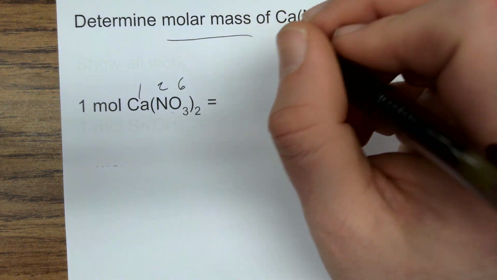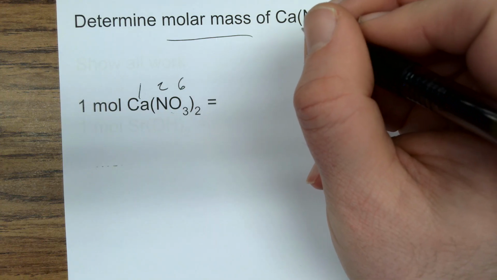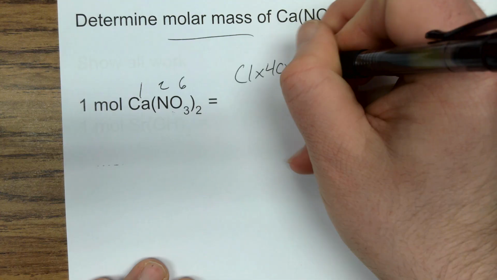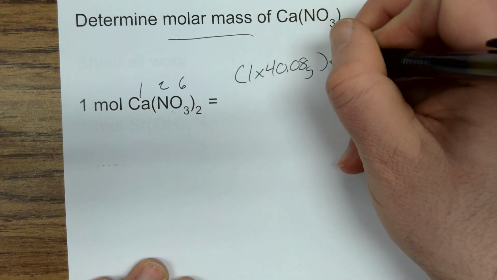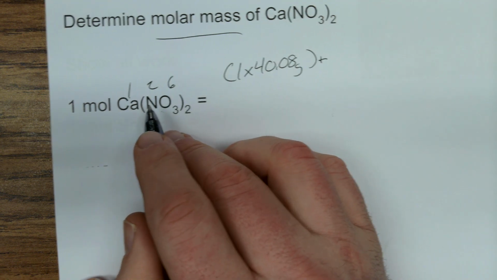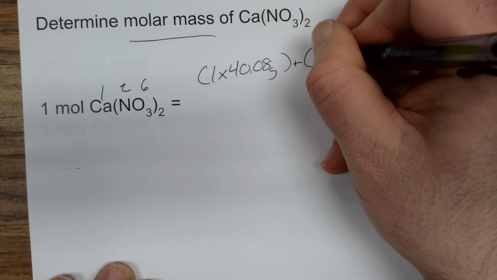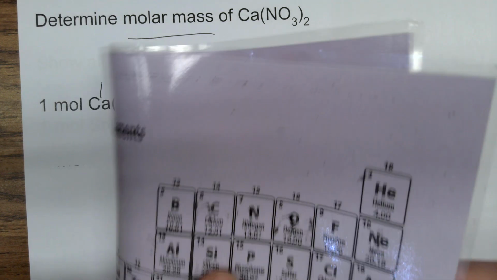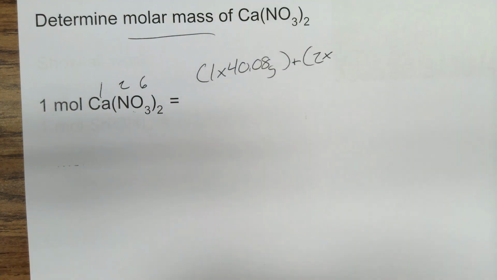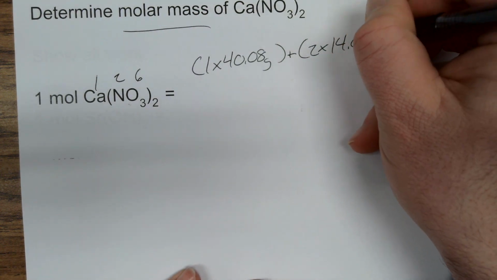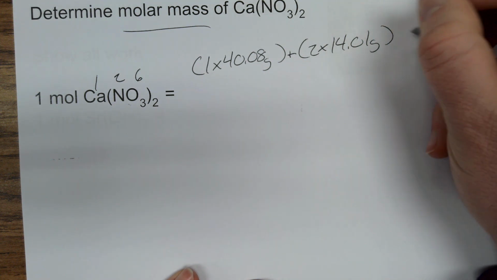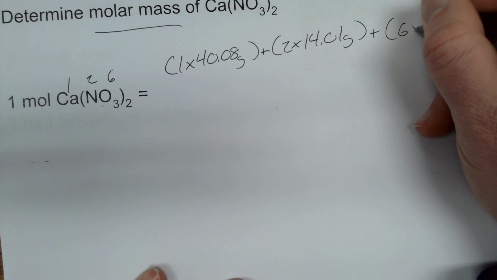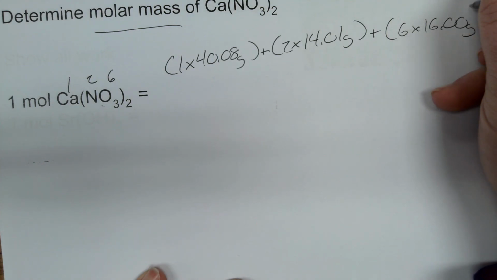So, pull up my handy dandy periodic table. At this point, I already know that calcium has a molar mass of 40.08 grams because I've been doing it over and over again. Nitrogen, 2 times, that's 14.01 grams, plus 6 oxygens.